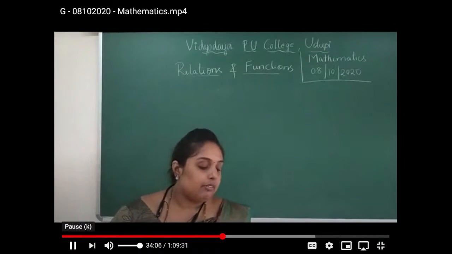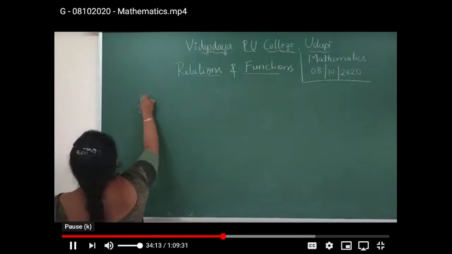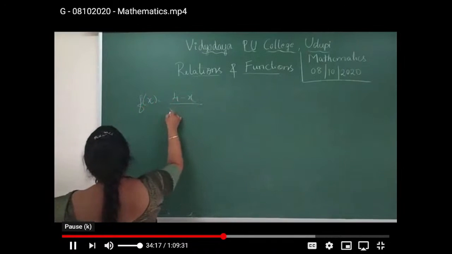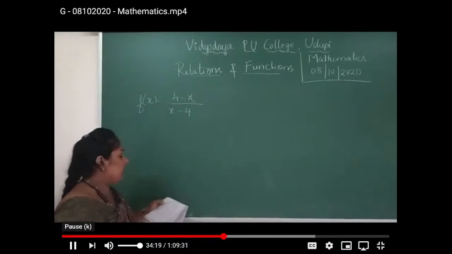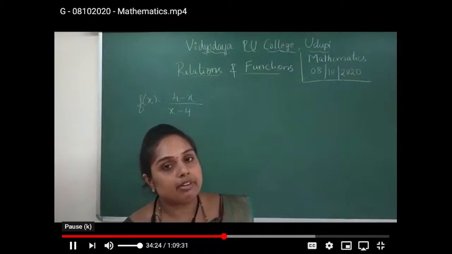Next one, the seventh one. We need to find the domain and range of the real function f defined by f of x is 4 minus x divided by x minus 4. We have to find both domain and range for the given function.